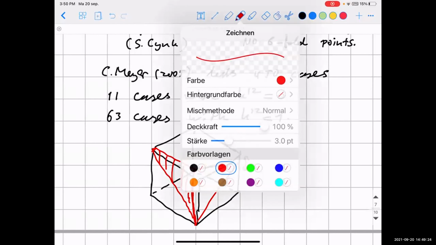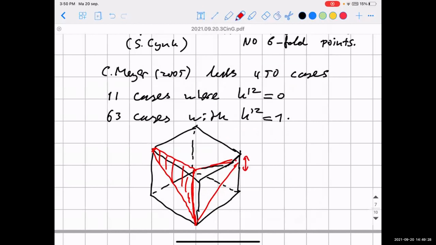So you may just tweak this point, put it a little bit lower, but then now it's a configuration which has h12 equal 1. And then by specializing the position, you get a variety with h12 equal to 0.